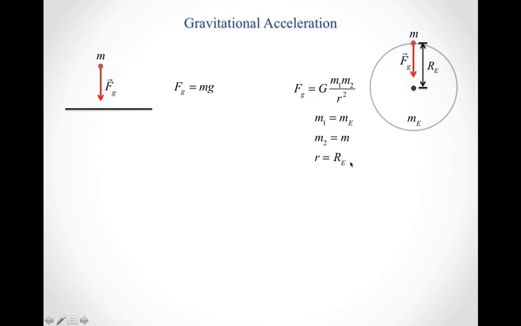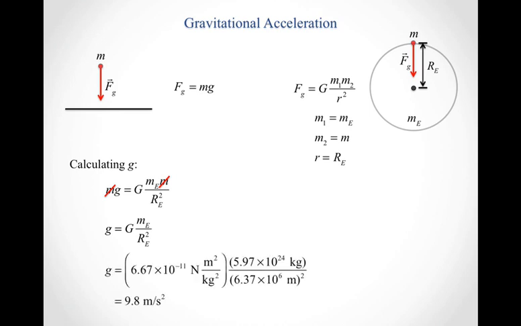So I can change my notation and set these two equations equal to each other, and that lets me solve for little g. Those two mass terms disappear. It doesn't matter what the mass is that I place at the surface of the Earth. I'm left with an expression that says the gravitational acceleration is equal to big G times the mass of the Earth divided by the average radius of the Earth squared.